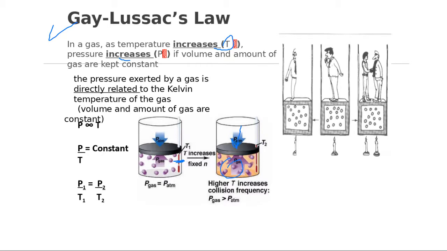With higher temperature, the collision frequency increases. So as we increase the temperature, the pressure will increase, with one condition: that the volume and the amount of the gas are kept constant.